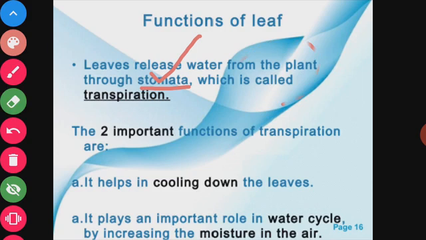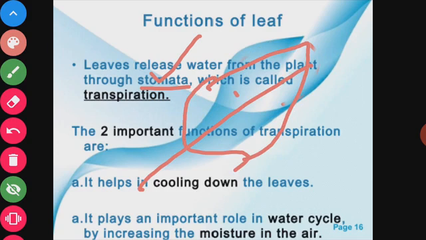These stomata help in transpiration. What is transpiration? Transpiration is the loss of water in the form of vapors into the atmosphere.